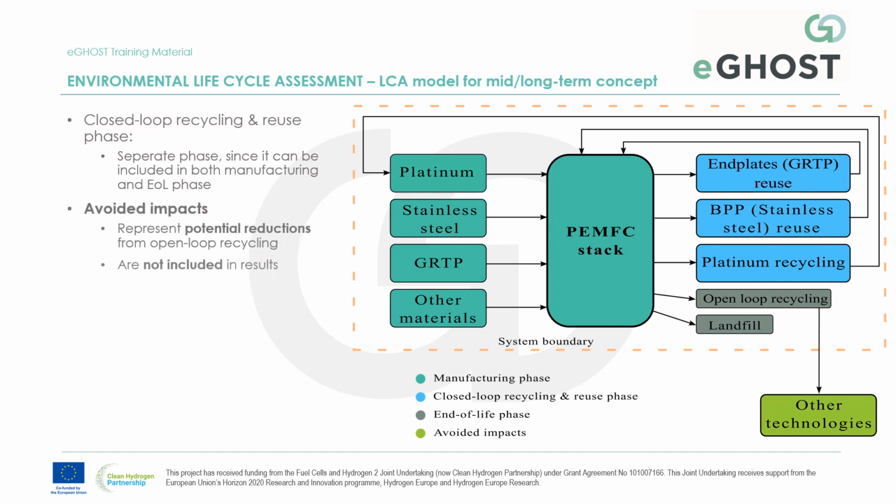And then we also have the avoided impacts. Those are basically from the open loop recycling. So if you have open loop recycling, you're putting some recycled materials on the market, which means other industries can buy them and use them, and basically they don't have to buy virgin materials, which means that indirectly you're reducing the environmental impacts because of the reduction of virgin materials.